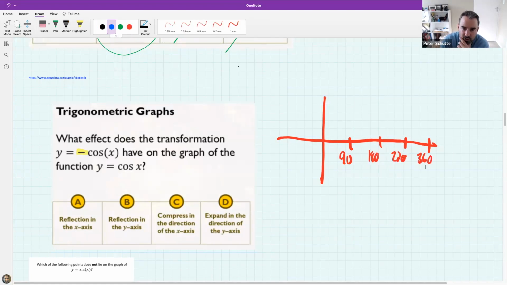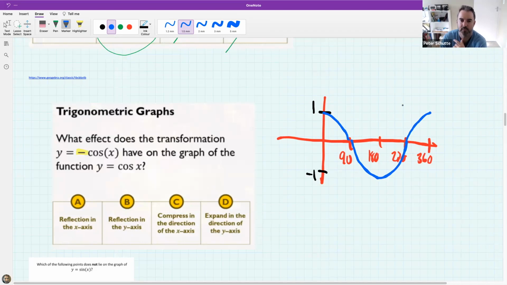So a normal cos graph will probably look something like that. But now there's this minus in front.